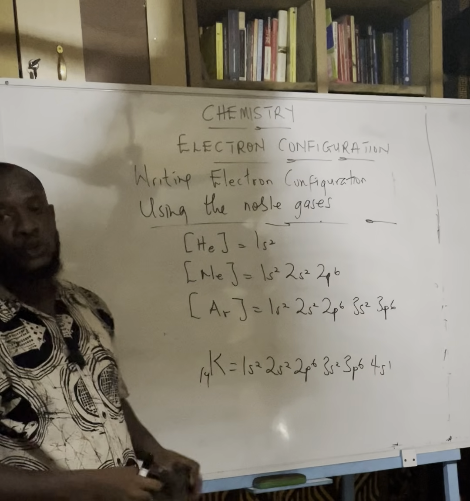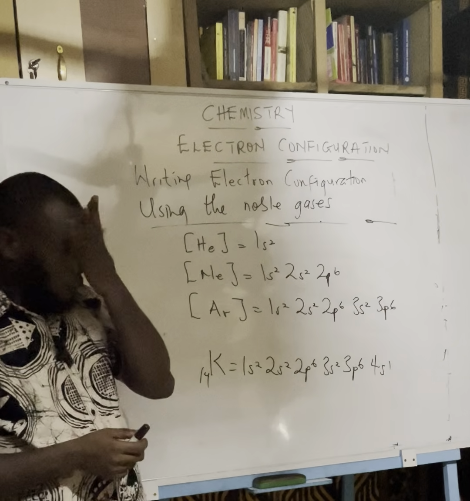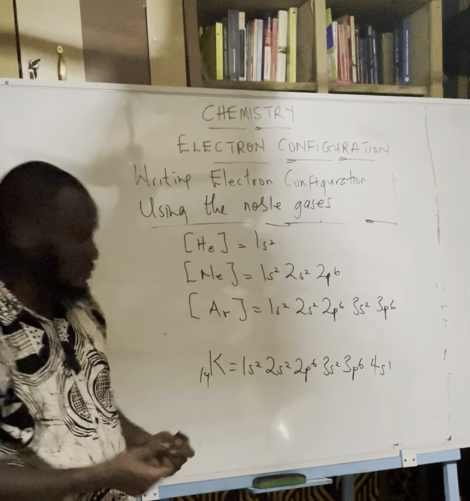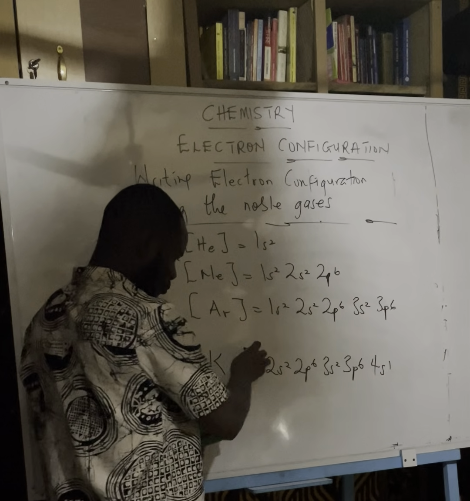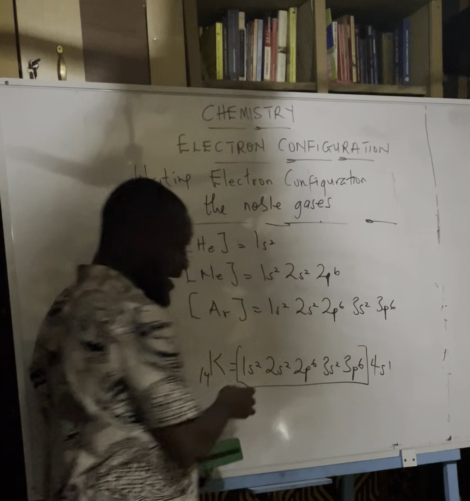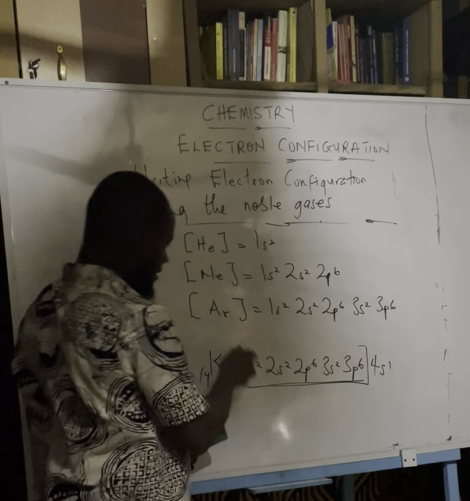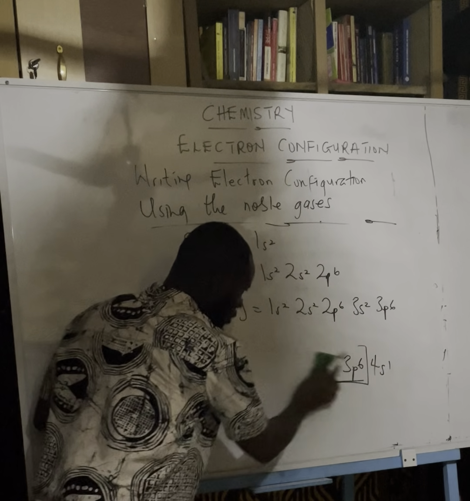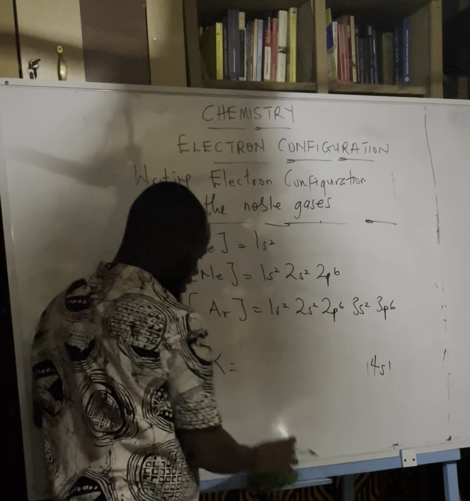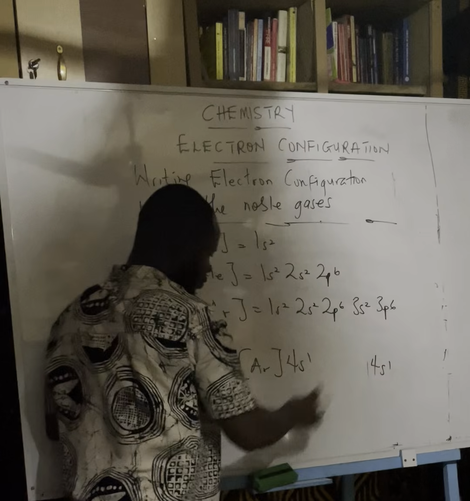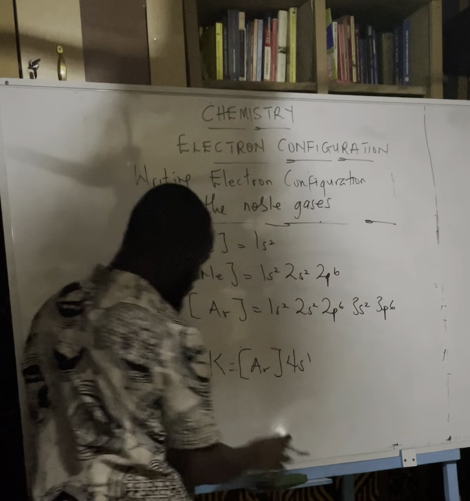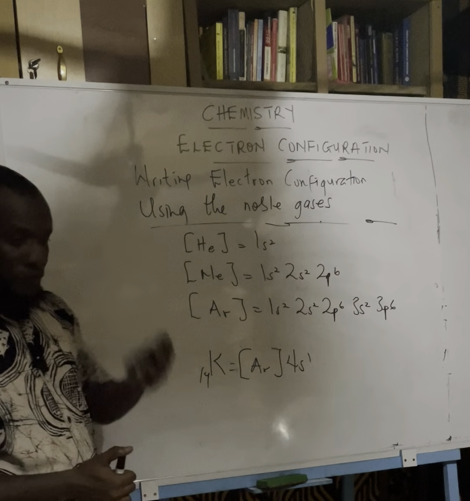So if we want to use the noble gas notation, which makes everything simple, we will claim here, because this side is represented by argon. So you claim all this part here, then you write in brackets Ar 4s1. So this is the electron configuration of potassium.